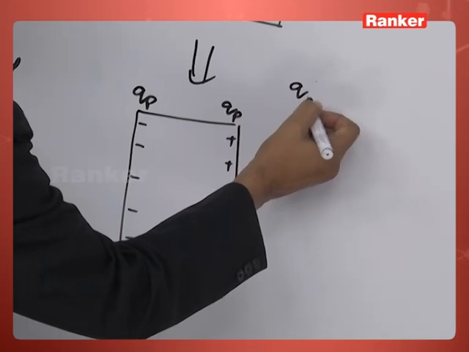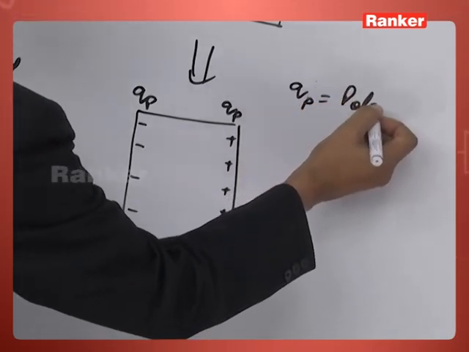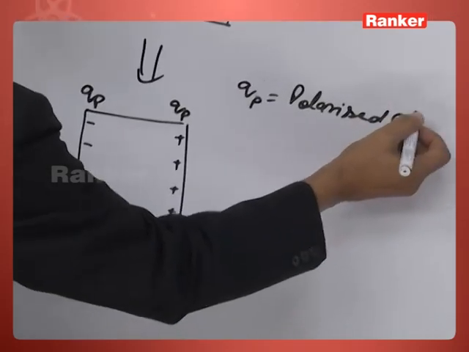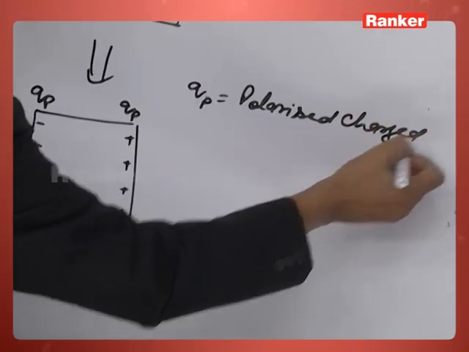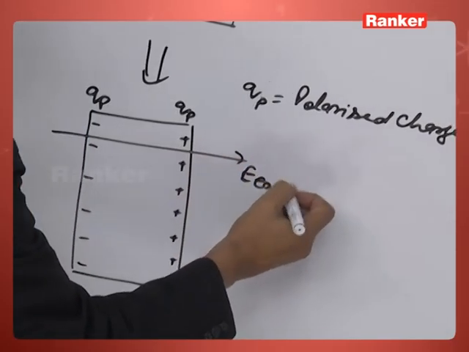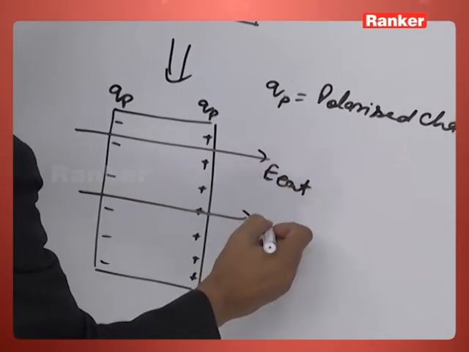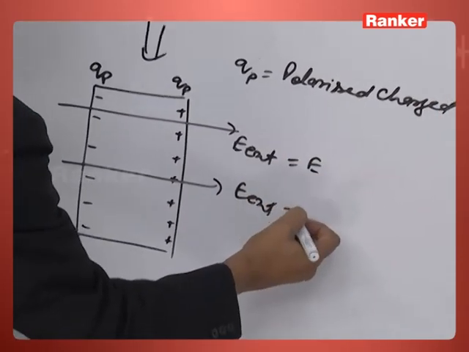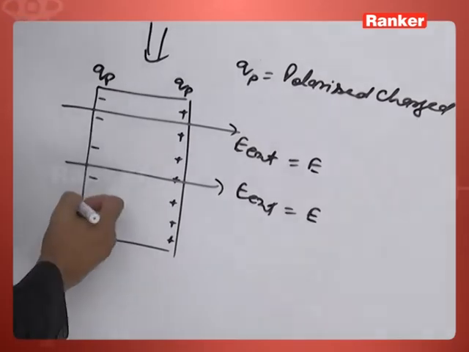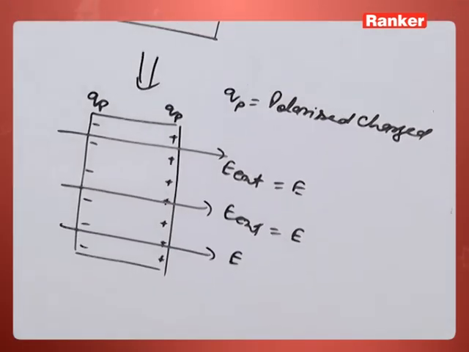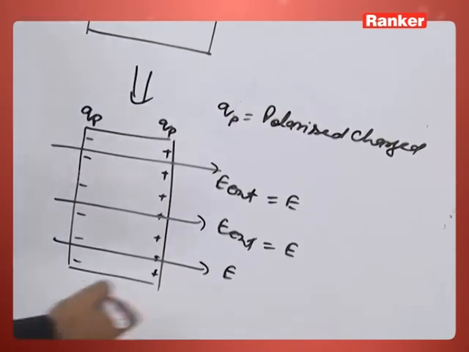So here Qp can be said as the polarized charge, and that charge is polarized because of the external field. Let this be your external field E. Then what is the effect of this external field and the polarized charge?